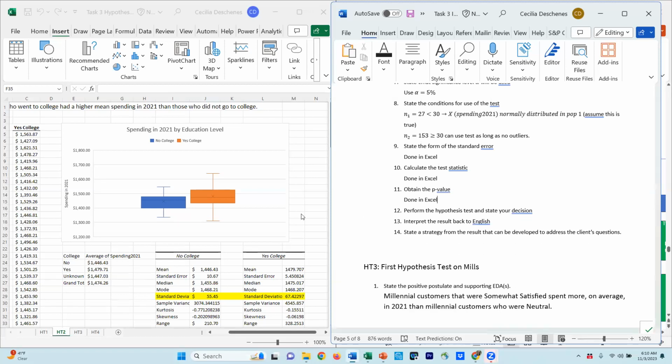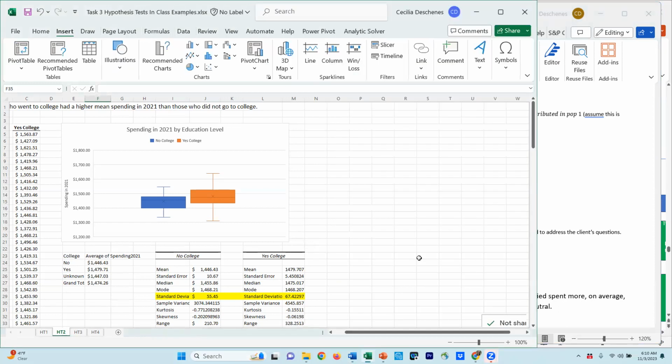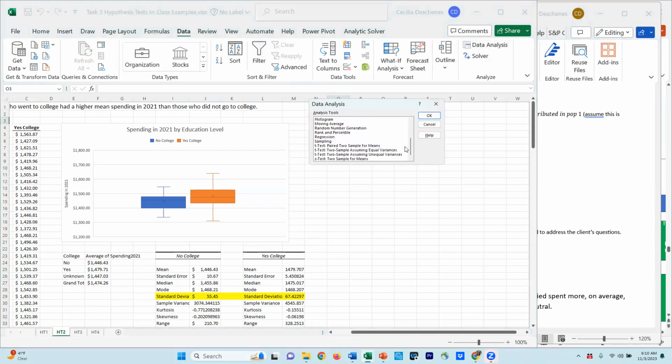All right, so let's go and do this t-test over here in Excel. I'm going to make the Excel bigger. I'm going to go into the data analysis, scroll to the very bottom, and find the t-test two-sample assuming unequal variances. You may choose equal variances if these values are closer to each other when you do something like this.